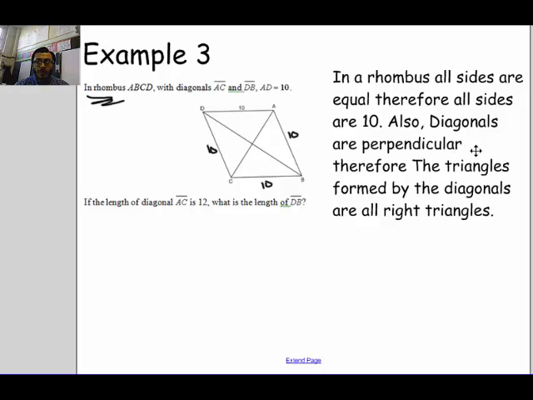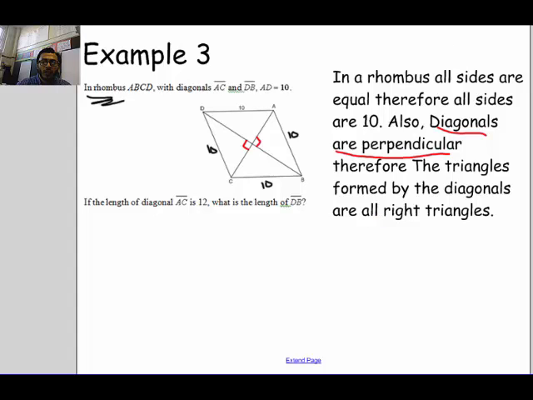Also in a rhombus, the diagonals are perpendicular, therefore the triangles formed by the diagonals are all right triangles. So let's break it up. The diagonals are perpendicular. So this is 90 degrees, this is 90 degrees, and so is this one and this one. So we're dealing with right triangles.